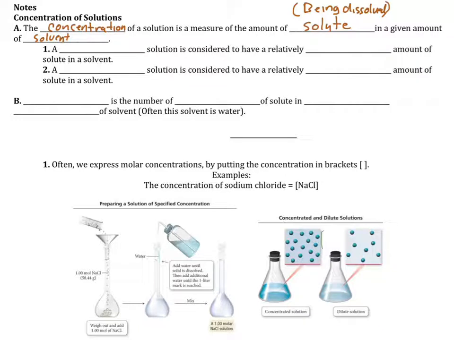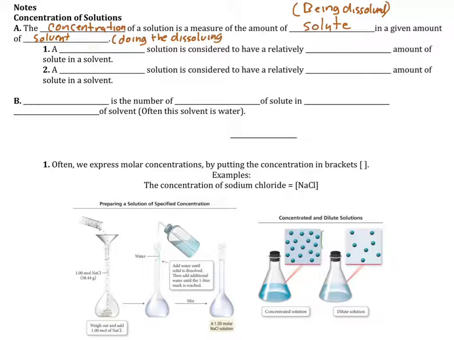And just a reminder, solvent is doing the dissolving. So it's the thing that's doing the dissolving. And so again, it's how much solute is inside of a certain amount of solvent.